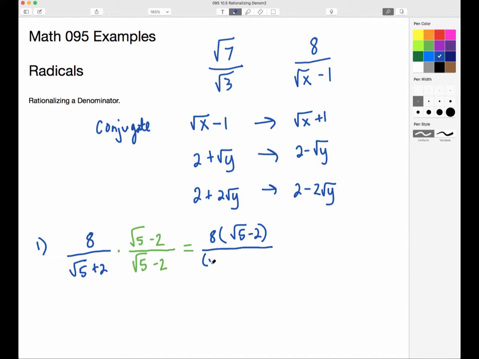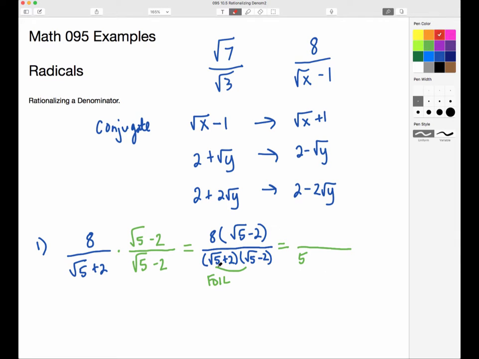On the denominator, we have the square root of 5 plus 2, and then the square root of 5 minus 2. So if we go through and FOIL out this denominator, we have the square root of 5 times the square root of 5. A square root squared is the plain number, so the denominator starts off with 5.